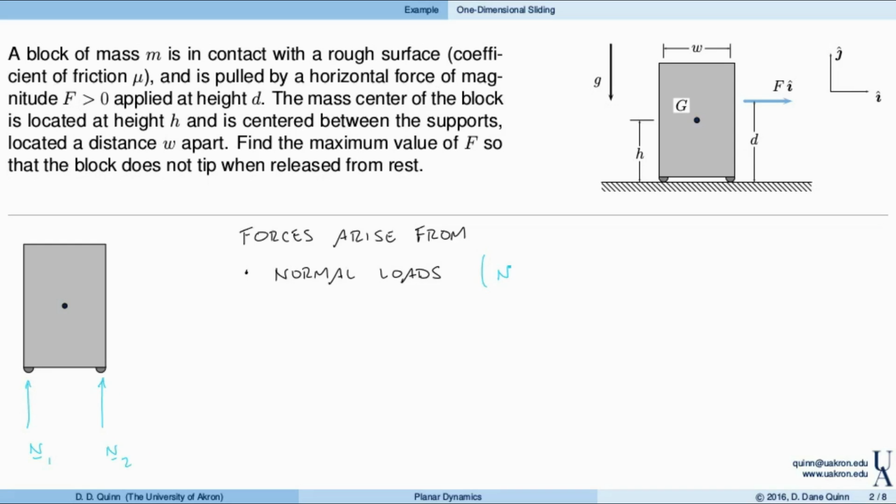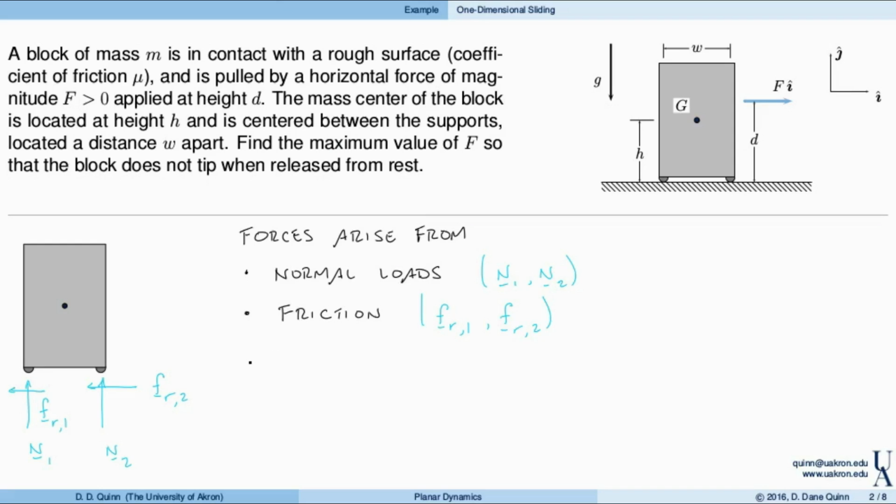So again, these normal forces are N1 and N2. Then certainly there are forces due to friction that exist at both of the supports. So we'll say that this force is friction FR2, and here we have friction FR1.